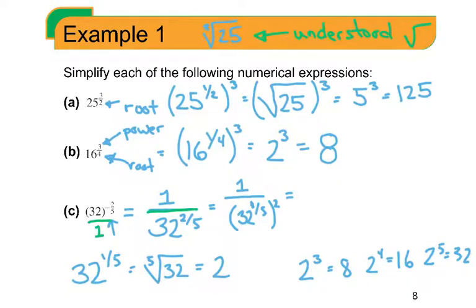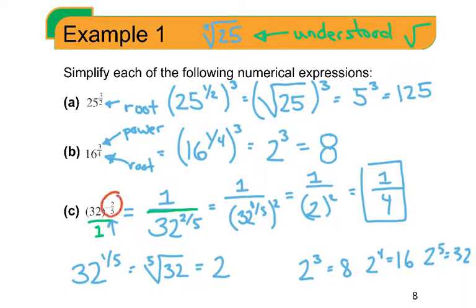So I'm looking at 1 over 2 squared. So this number turns out to be 1/4. So for me, the key was get rid of that negative exponent right away. Put it in the denominator so it's a positive exponent and it makes life easier.